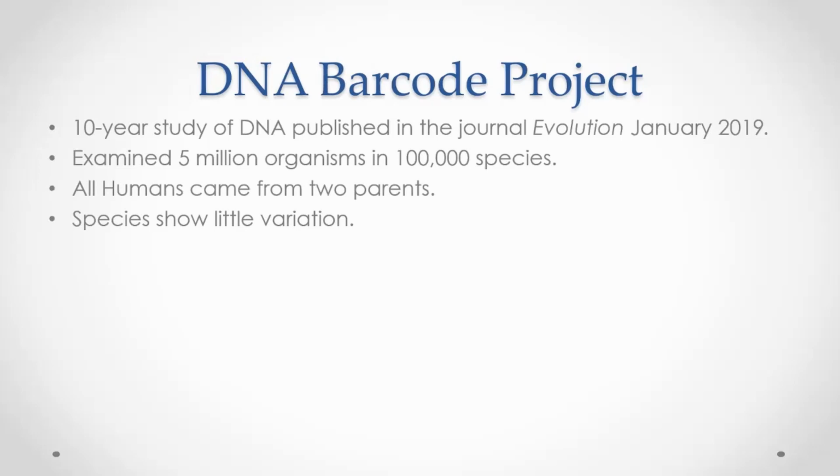So within a species, genetically, they're very, very similar. Differences between species are, however, genetically vast. Now, that's not supposed to be true according to Darwinian evolution. You're supposed to have a gradual change from one species into the next. They're not supposed to be clumped together like islands in an ocean.